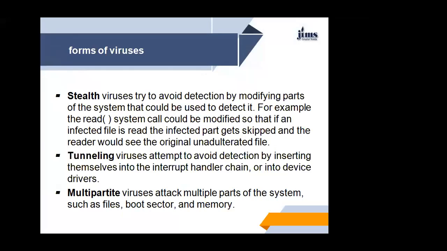Tunneling viruses attempt to avoid detection by inserting themselves into the interrupt handler chain or into device drivers. Multipartite viruses attack multiple parts of the system such as files, boot sector and memory.